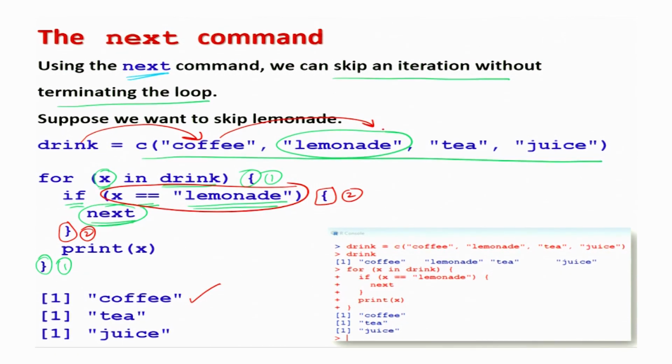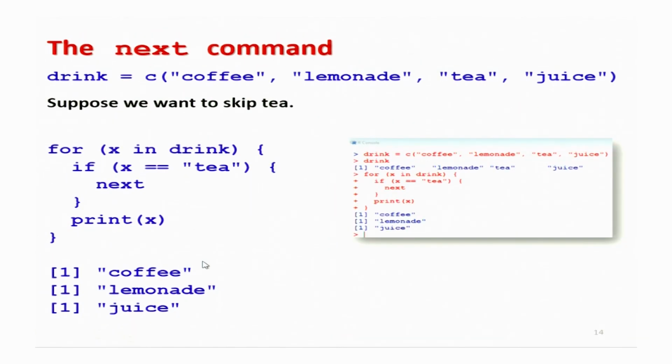So now it will skip and then it will come to tea, it will print tea here, and then after that it will choose the next value, juice, and it will try to print juice. So, that is how this actually works, right.